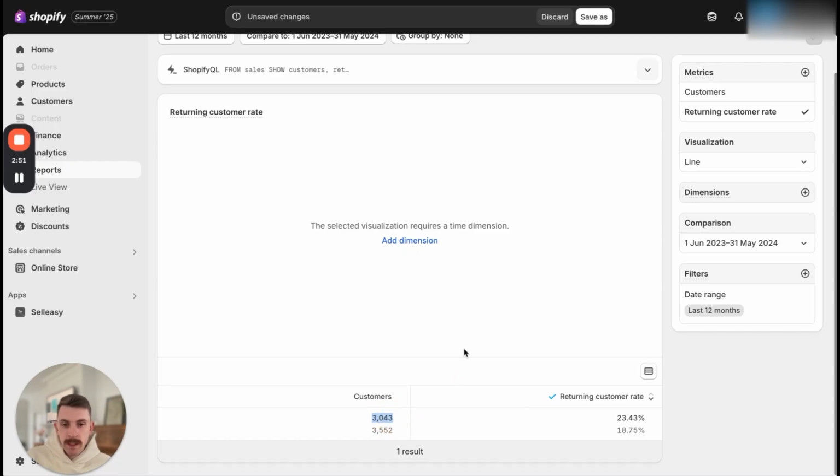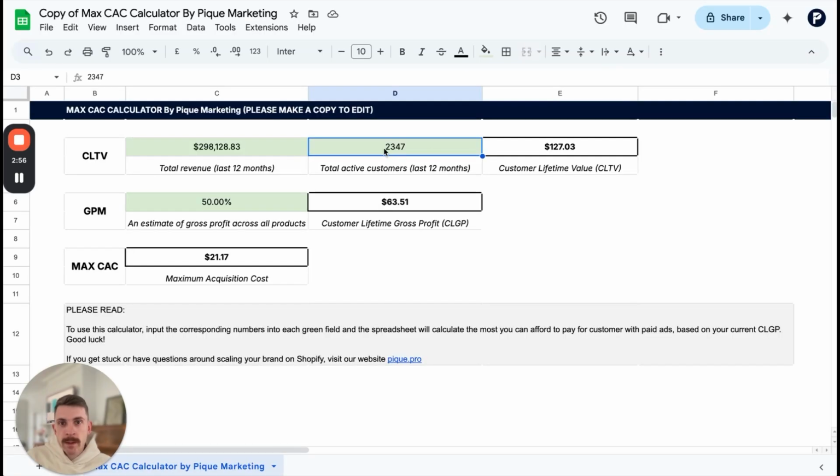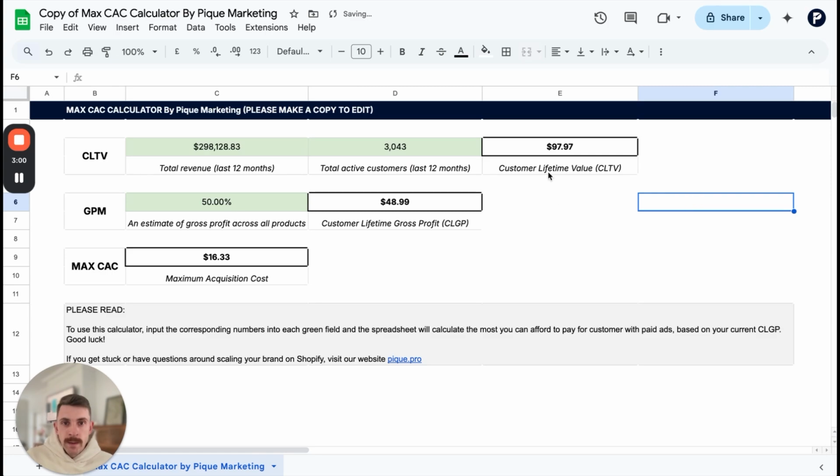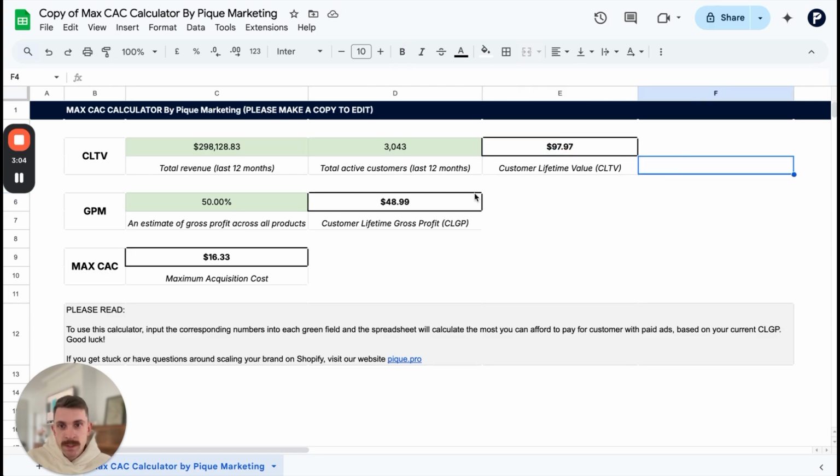So that's 3,043. So I'm just going to copy that and I'm going to paste it in here. And that is going to give me my customer lifetime value for the last 12 months, which is super exciting.